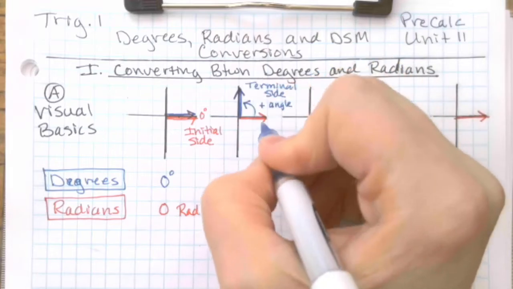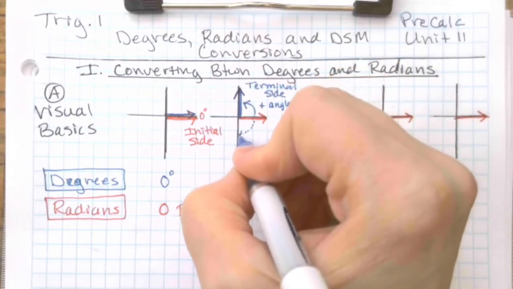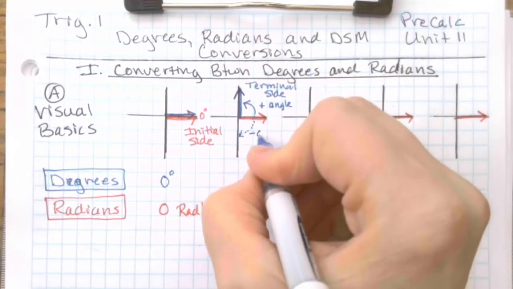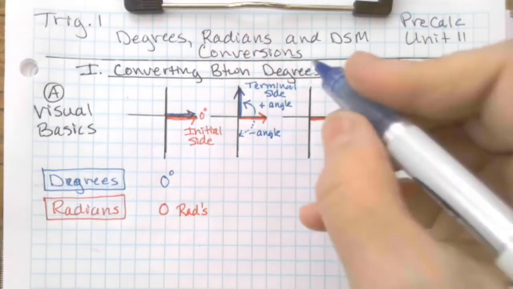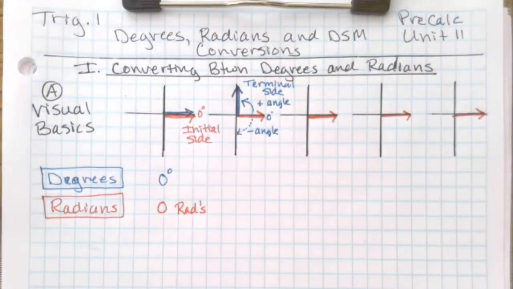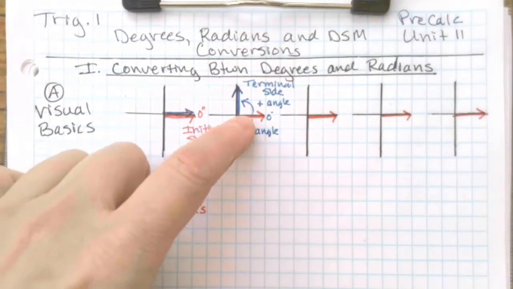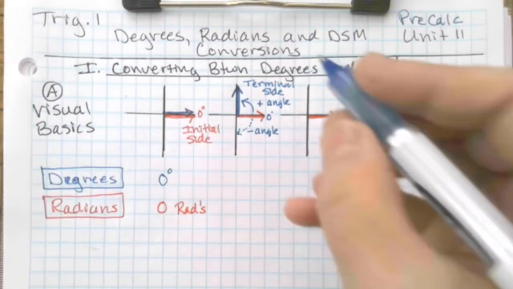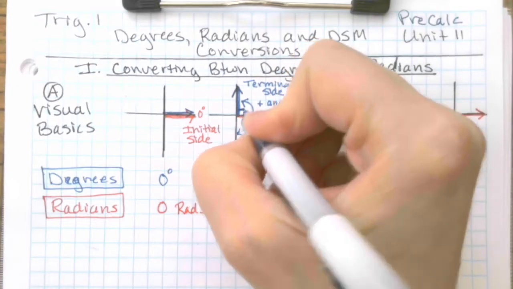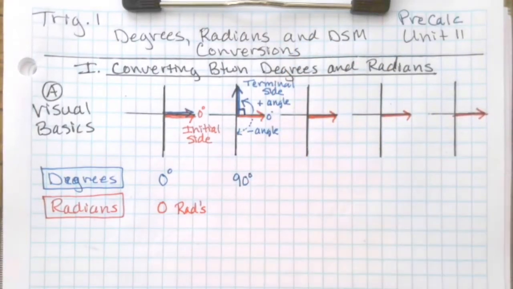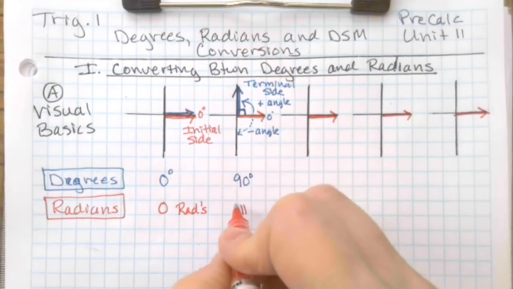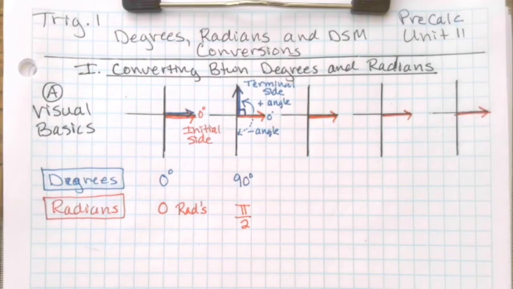When it rotates in the opposite direction, it is a negative angle. And they all are measured from direct right, which is 0 degrees. So the measure between our initial and our terminal side on this example is actually 90 degrees. So in degrees, 90 degrees. In radians, pi over 2.